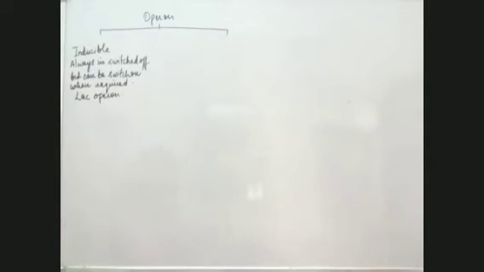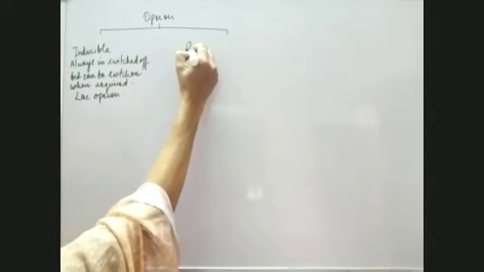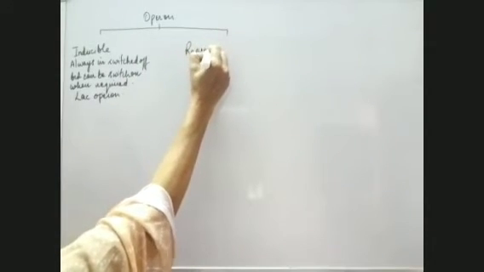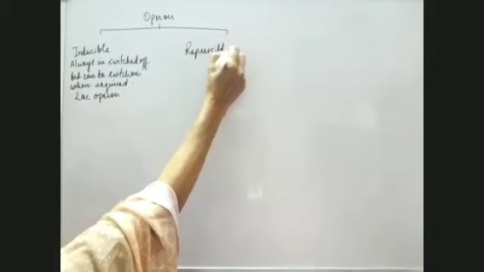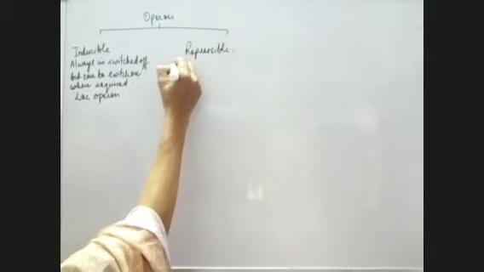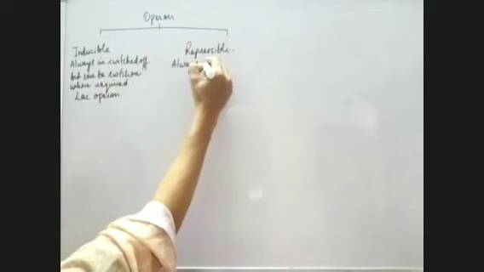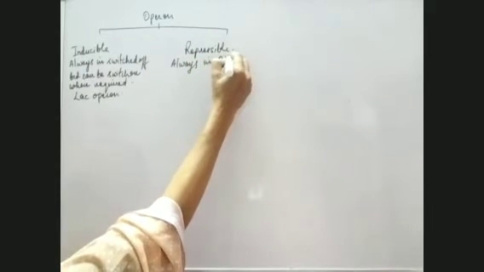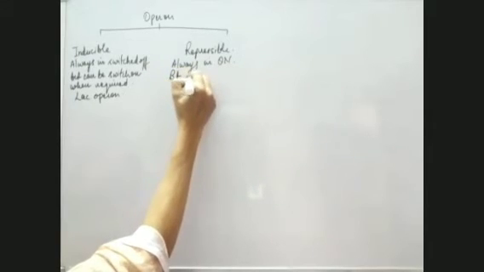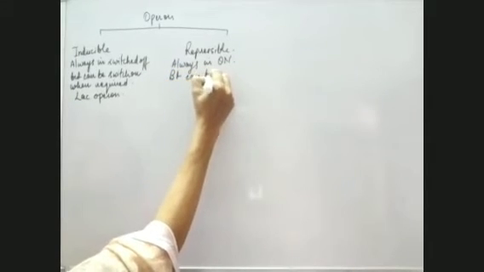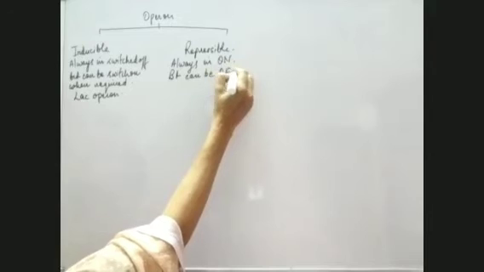Now there are some operons which are known as repressible operons. These are the ones which are always in switched on condition, the opposite of this, but can be switched off.